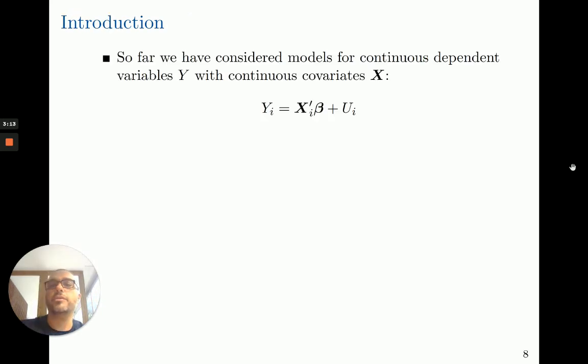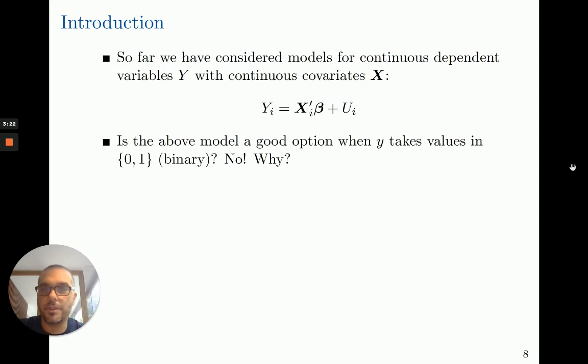So far we have considered models of continuous variables y with continuous covariates. So we have a regression where y is x prime beta plus u, okay? And the question is, do you think this model is a good option when y takes values 0 and 1, when it's binary?